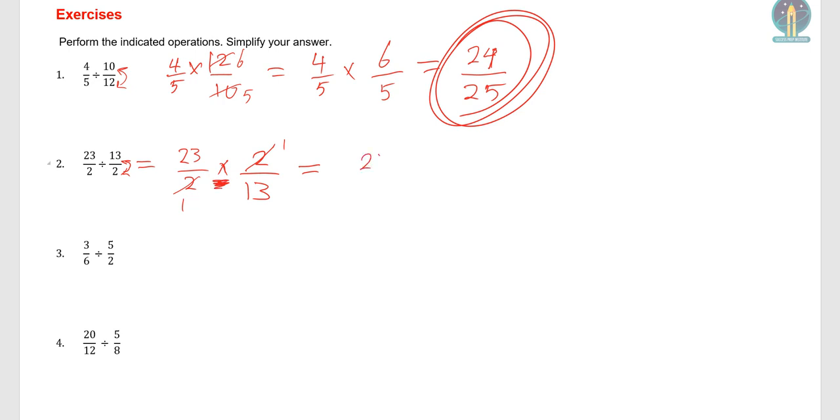So here we have 23 times 1 over 1 times 13, which is 23 over 13, and this can be simplified to a mixed number. How many whole 13s are in 23? There's one whole 13. And the remainder from that whole 13 to 23 is 10 over 13.